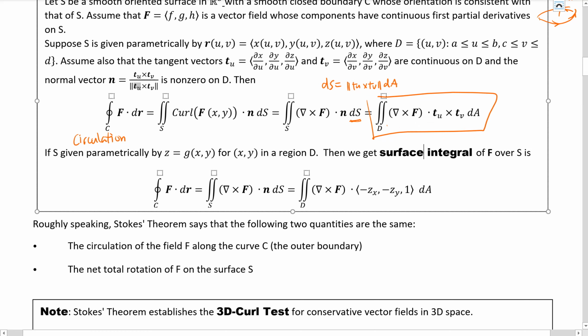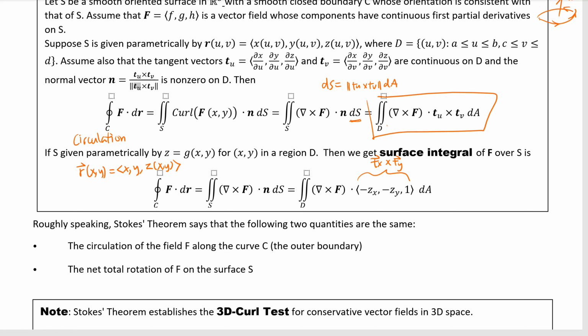Last time we remember we can use the natural parameterization, r(x,y) equals x, y, g(x,y), right? Then our tx cross ty is this. So far so good, everybody?